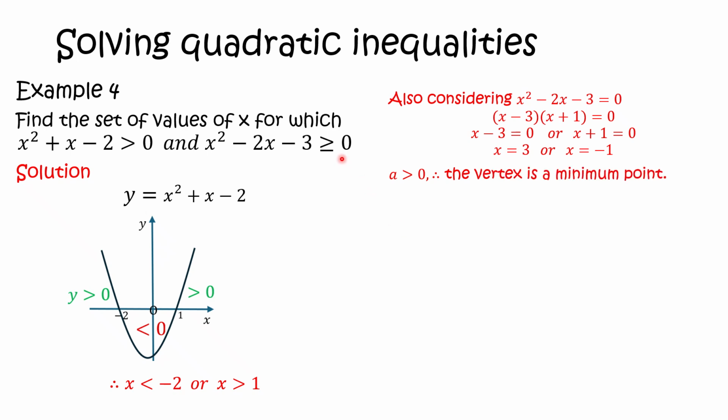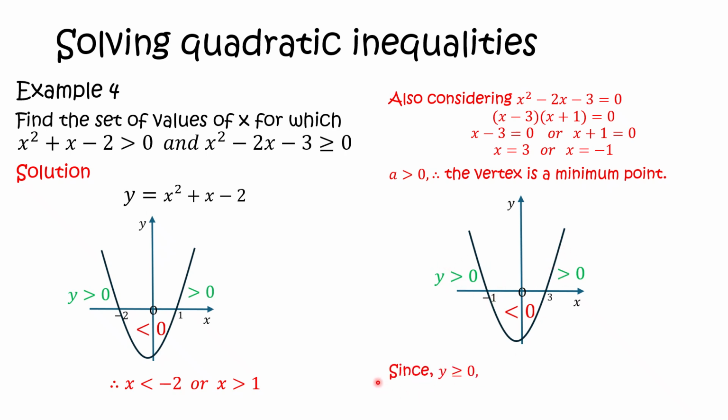Since our a is greater than 0, the vertex is a minimum point, so when we sketch our graph, we are going to have a graph of that nature, so that values in between minus 1 and positive 3 are negative and positive otherwise. Now, since y is greater than or equal to 0, the solution for this particular inequality is x is less than or equal to minus 1 or x is greater than or equal to 3.